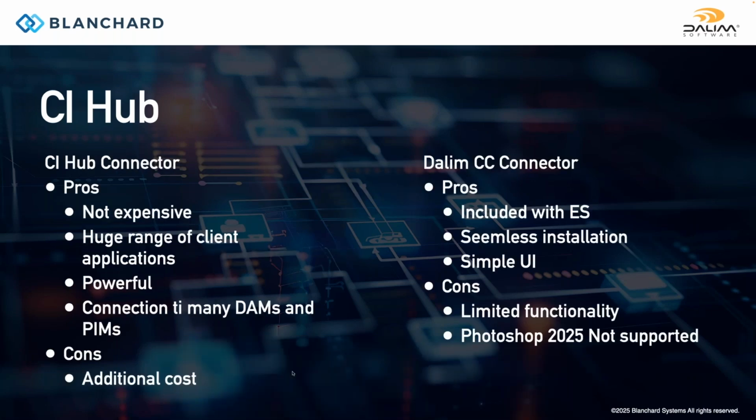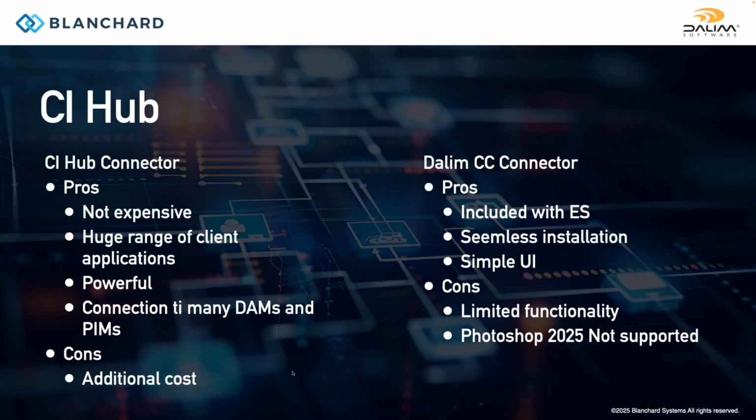The pros of CI Hub is it's not very expensive. Per user, it's pretty inexpensive. Huge range of client applications, very powerful, and connection to many DAMs and PIMs. The cons are, compared to CC Connector, there is a cost for it.